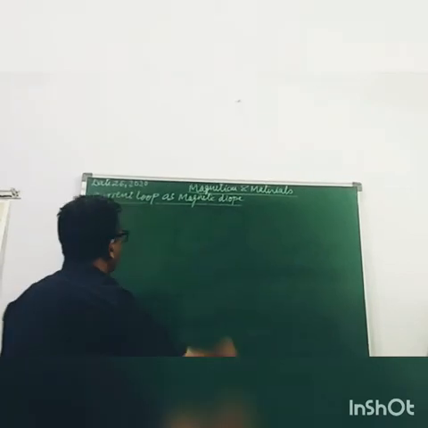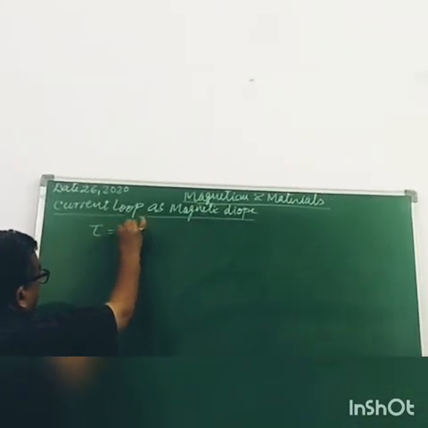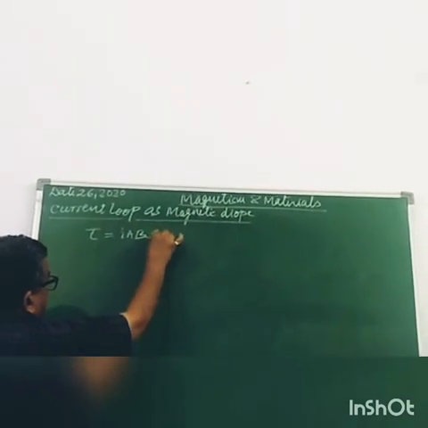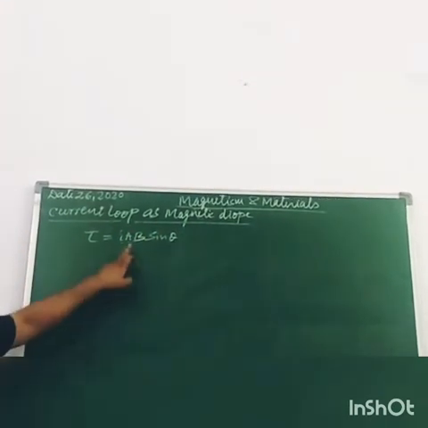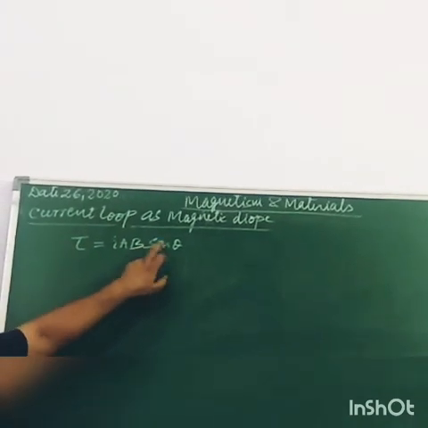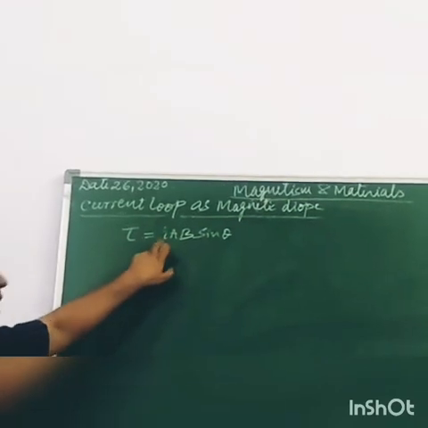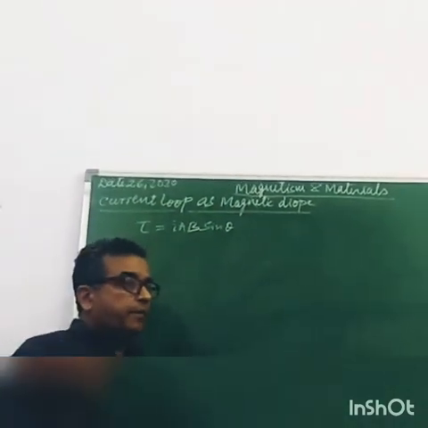The value of the torque is tau equal to I A B sin theta, where A is the area of the loop, B is the magnetic field in which it is placed, theta is the angle it makes with the magnetic field, and I is the current. So tau is the torque acting on a current loop.